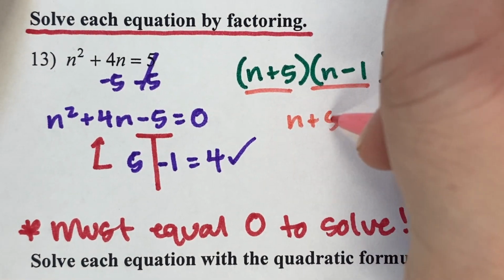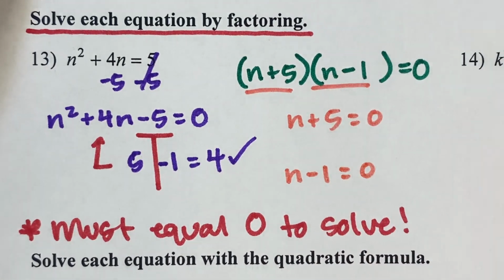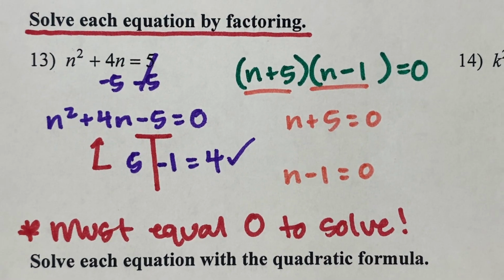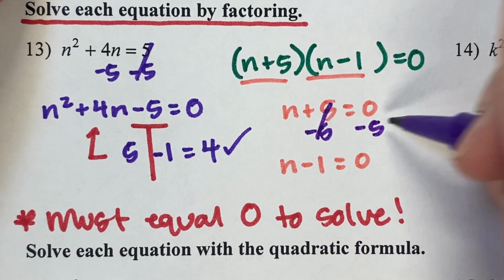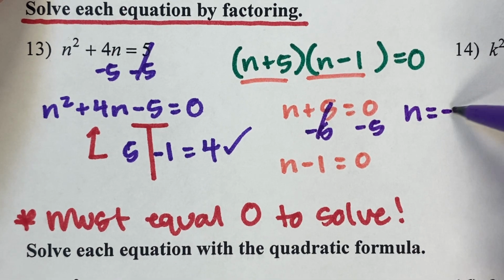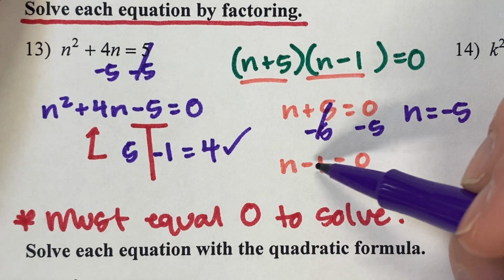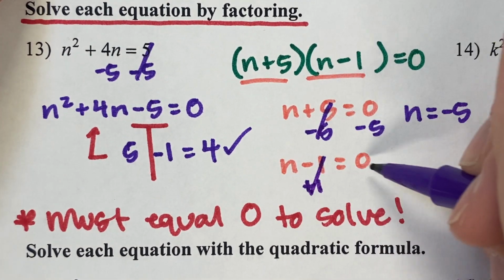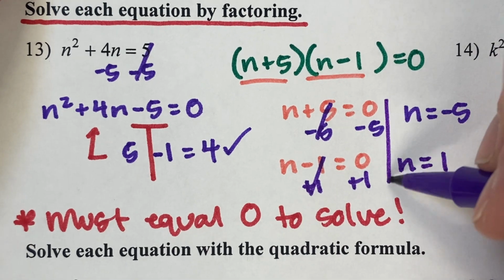So n plus 5 equals 0, and n minus 1 equals 0. Well, now we do the opposites. So my opposite of positive 5 is negative 5. So my first answer is n equals negative 5. Second one, opposite of negative 1, positive 1 to both sides. And my second answer, positive 1.